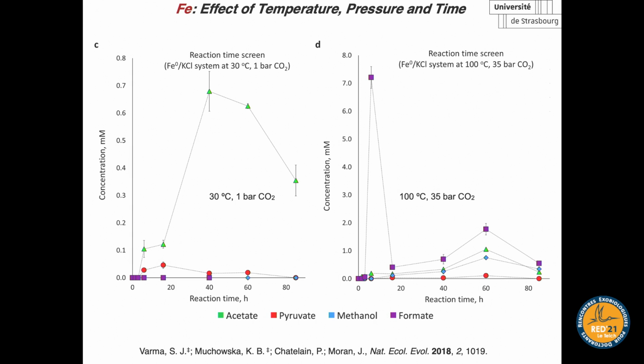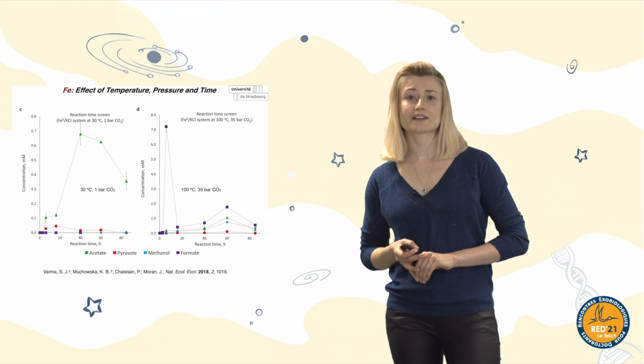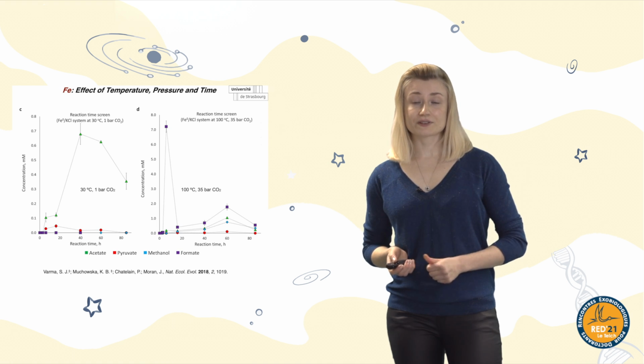Another thing we looked at is the product profile that we followed over time, and we didn't really know what that means in terms of the mechanism, but overall, what we found is that this reaction is, first of all, robust.